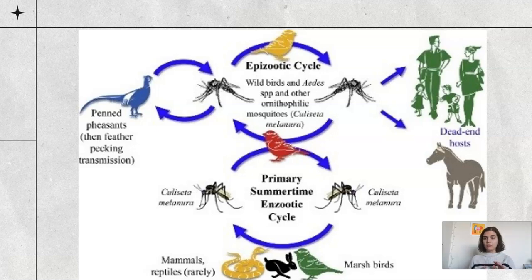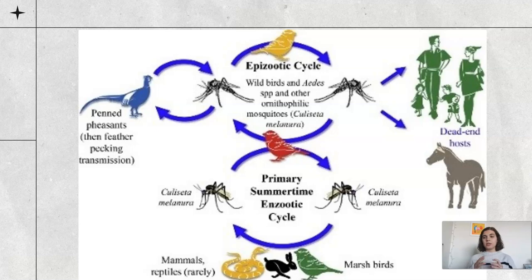These mosquitoes love songbirds. And they're bitten by a female mosquito. And then this female mosquito goes on to bite another bird. C. melanura does not bite mammals usually, so humans and horses are not generally a target for C. melanura. So it goes on to bite another bird.